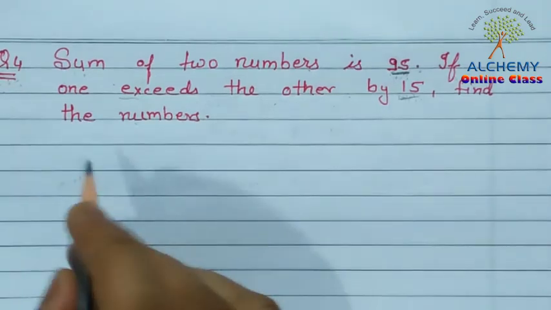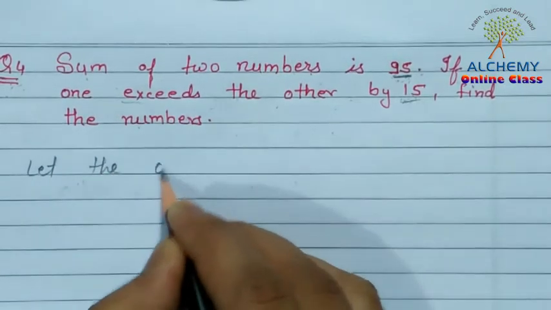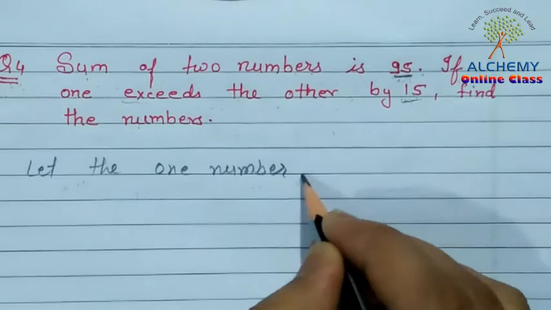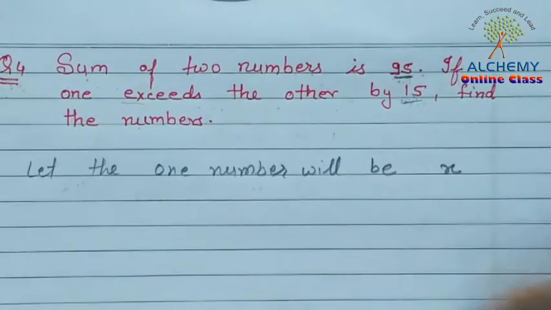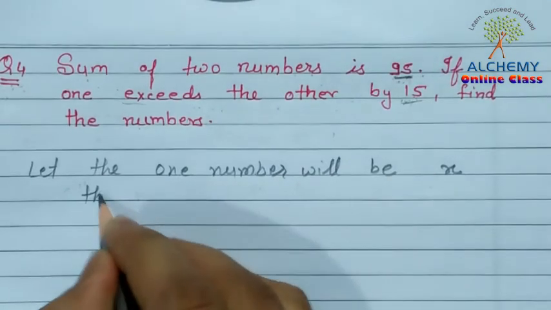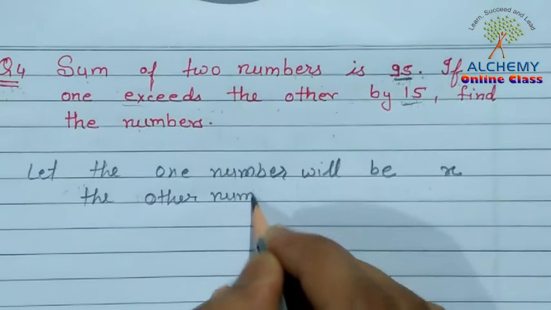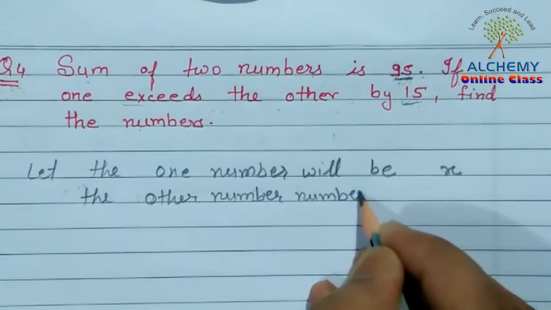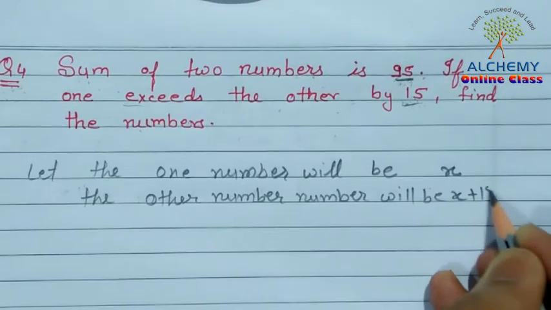So let's see what is the solution. Let one number be x, so the other number will be x plus 15.